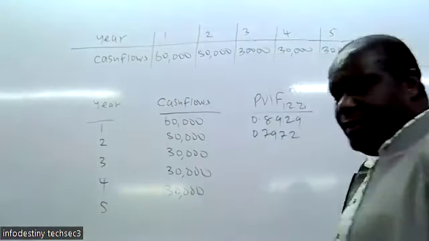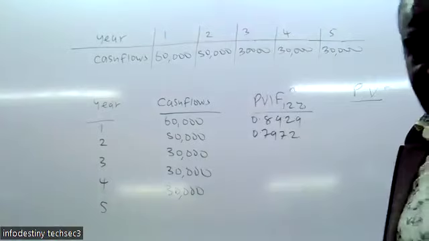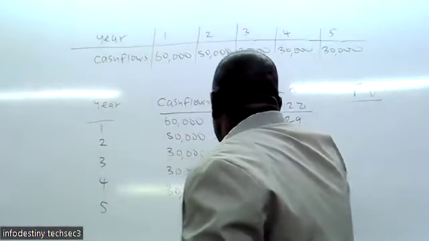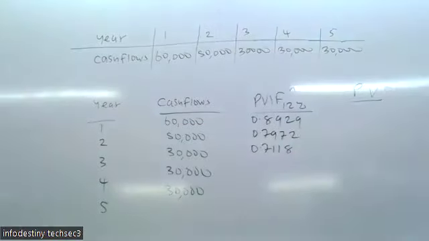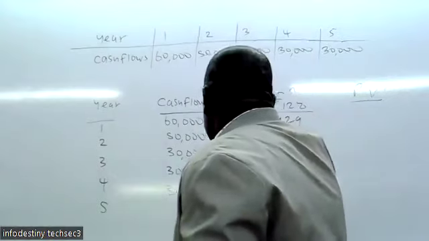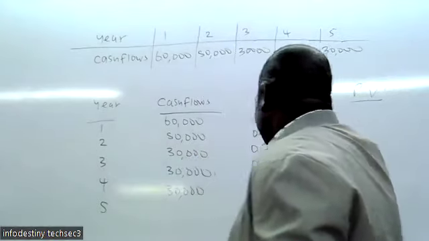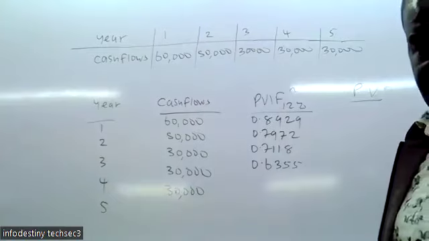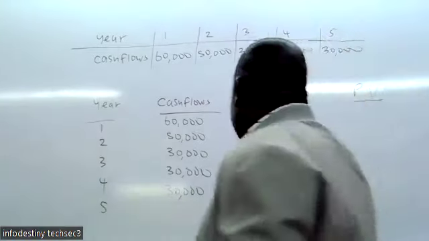Then year 3 should be 0.7118. Year 4 is 0.6355. And finally, year 5 should be 0.5674.